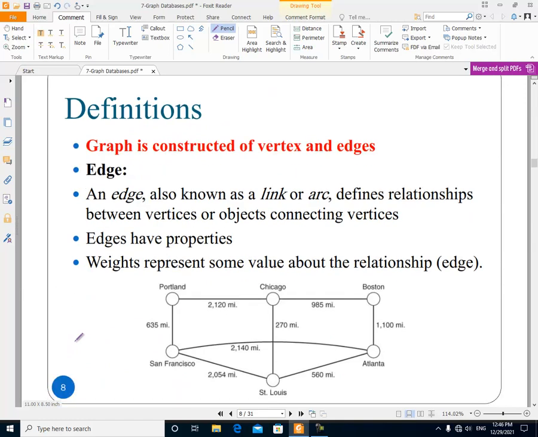and the edge is the relation or the connection between two vertices. For example, in this example, you have the cities, and the connections are the paths between the cities. Each of these connections has a length. This is the length of the path between the cities.